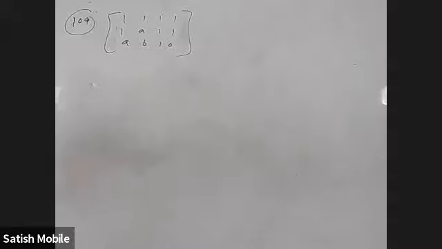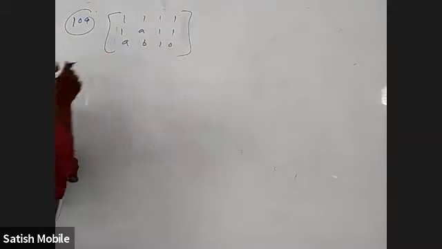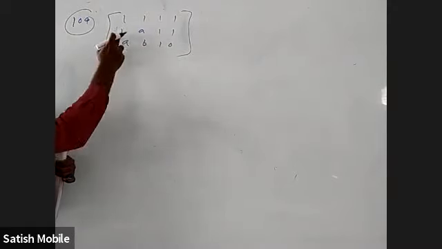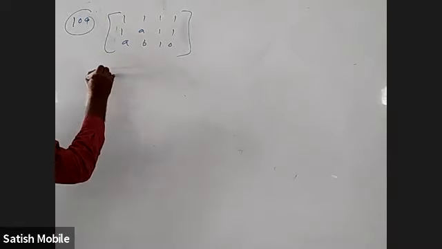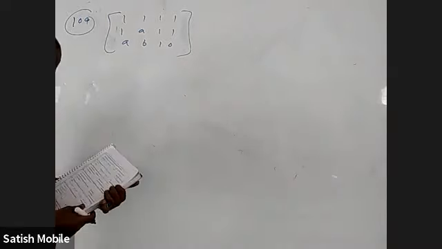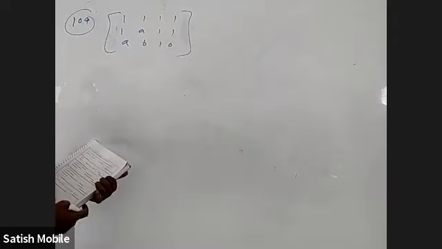Okay. I can try to find the determinant alone, or I'll just go for the standard process of converting to zeros. All ones, 1 A 1, 1, correct? 1 A B, 1, 0. Okay, good.